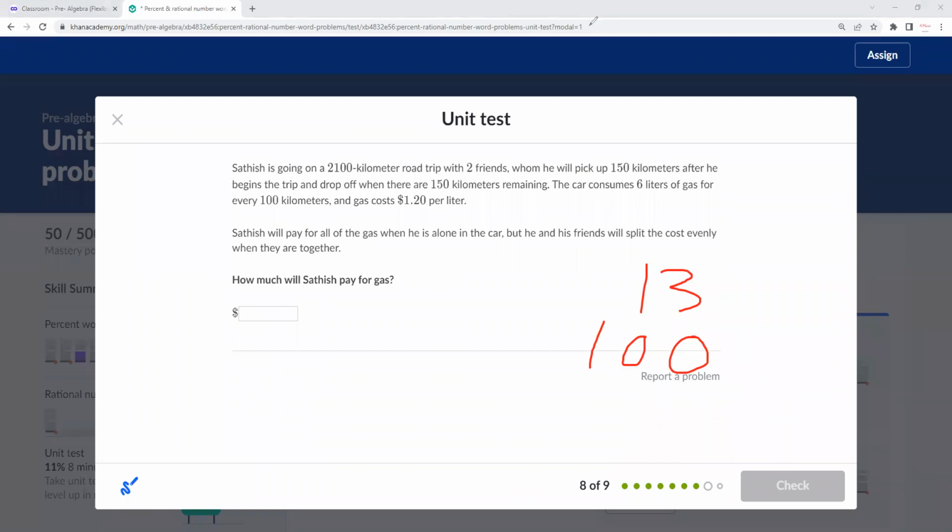Sathish is going on a 2,100 kilometer road trip with 2 friends, whom he will pick up 150 kilometers after he begins the trip and drops off when there are 150 kilometers remaining. The car consumes 6 liters of gas for every 100 kilometers, and gas costs, I wish gas was this cheap.